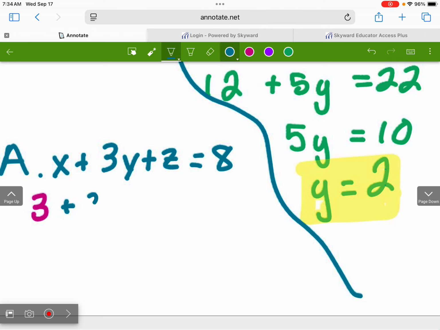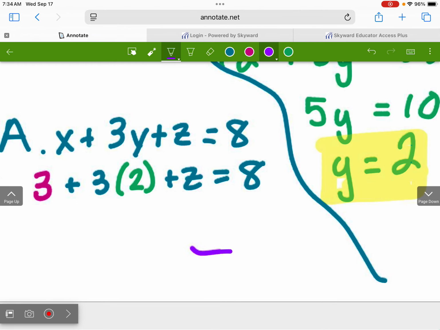And we're going to have 3 times our y, which we know is 2, plus z equals 8. So as we simplify, we've got 3 plus 6 plus z equals 8.